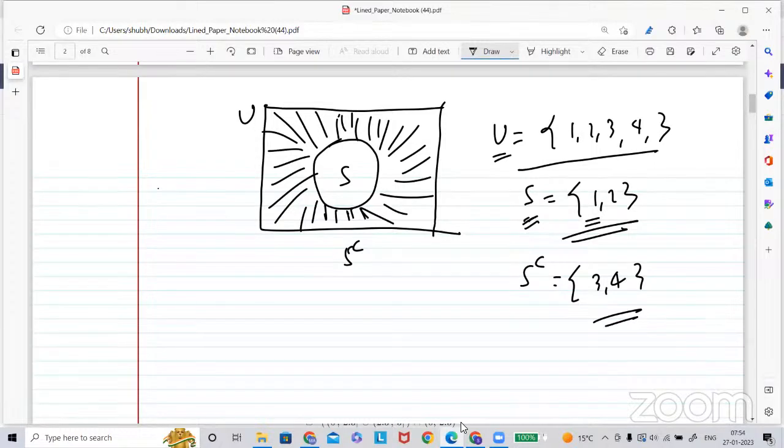Number of elements, cardinality. Whatever subset you are taking, you are talking about it with respect to the superset. This is your superset and this is your subset. Many times, the number of elements in the superset will be greater than in the subset.